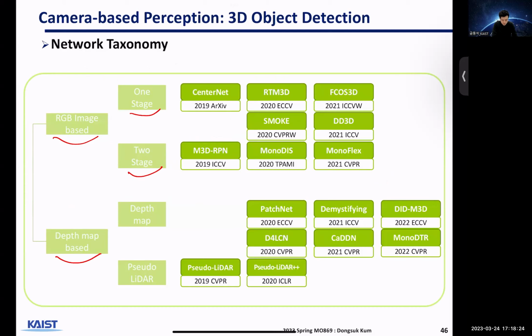And the depth map-based approach could be divided into depth map-based versus pseudo-LiDAR. This slide sort of summarizes different papers in this field and how things have evolved. If you read these papers, you will be able to follow them.